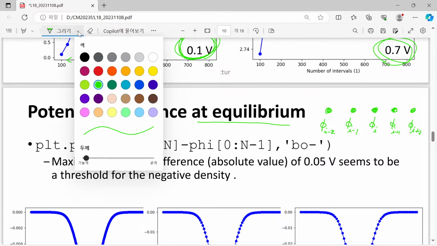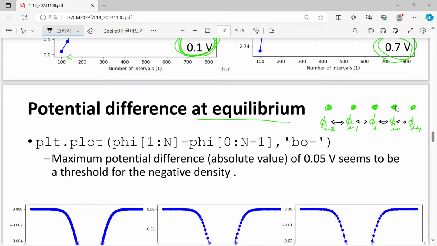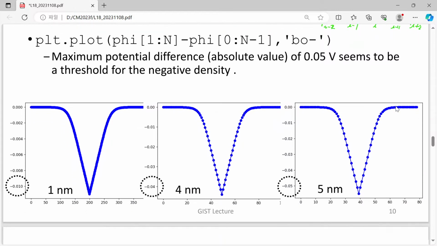What I did in this slide is simply take the difference between these two numbers, and the difference between these two numbers, and another two numbers. That is plotted here.